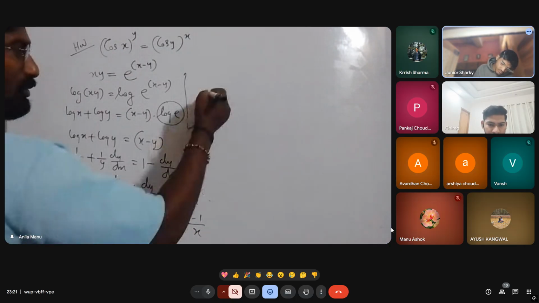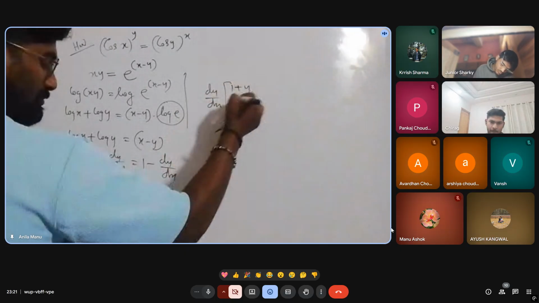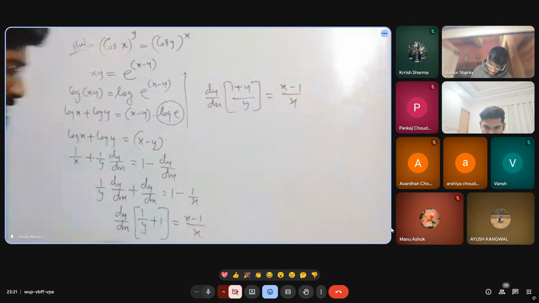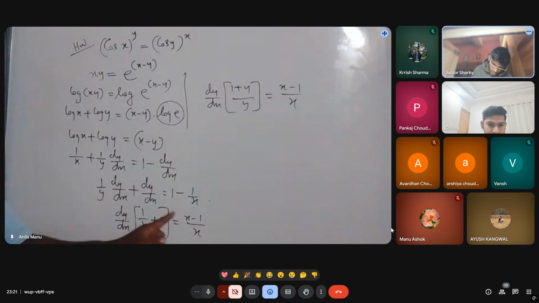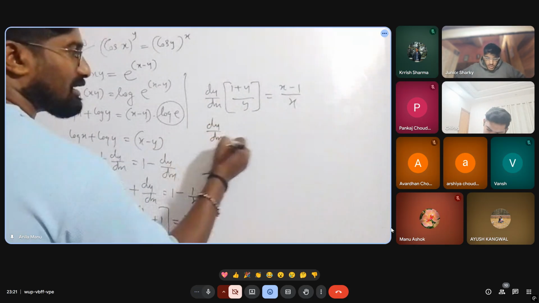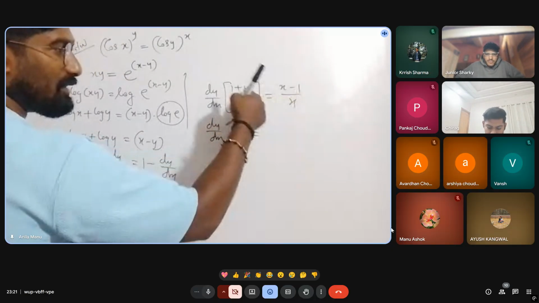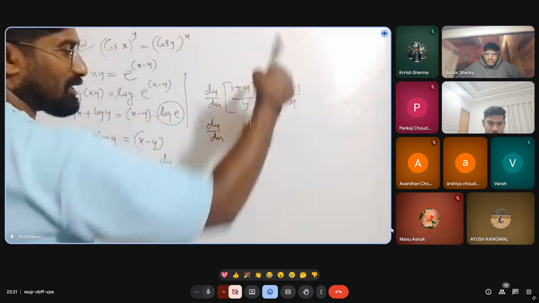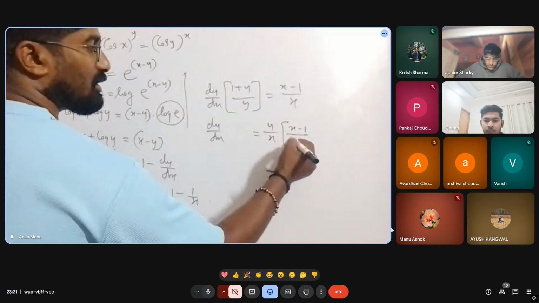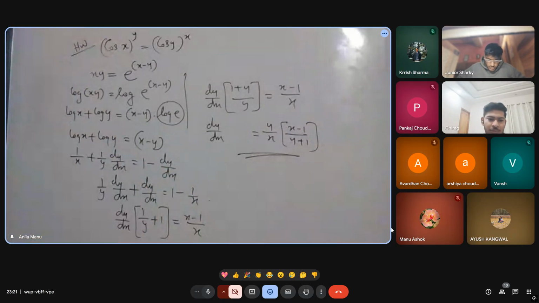Now dy by dx into, when I take LCM, (1 plus y) by y is equal to (x minus 1) by x. When we cross multiply, the final answer is dy by dx, the same way as earlier: this one divided by this one. So this will be the reciprocal of that. So y by x into (x minus 1) by (y plus 1). Got it?